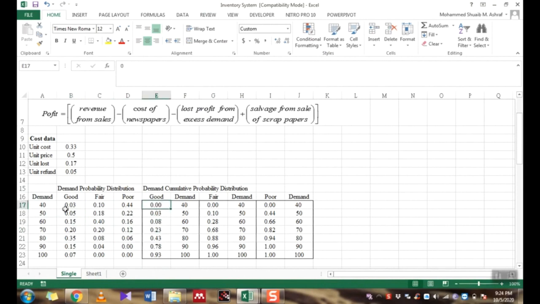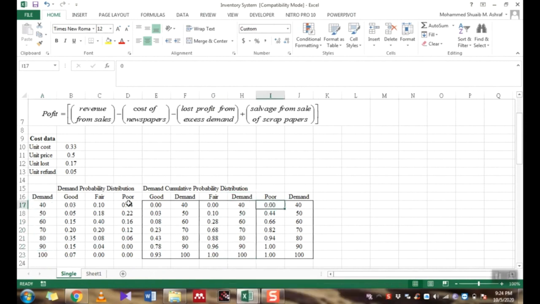The demand is given here, the same as for fair. The probabilities are given here. We will compute it by beginning with 0, and then this value plus this value, and so on. Probabilities are given and demand is given as here.